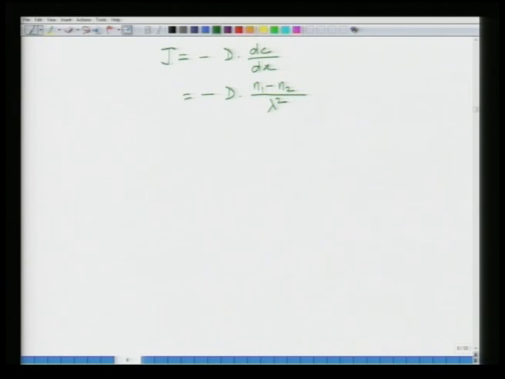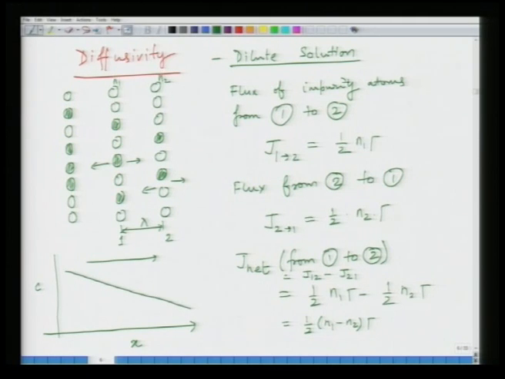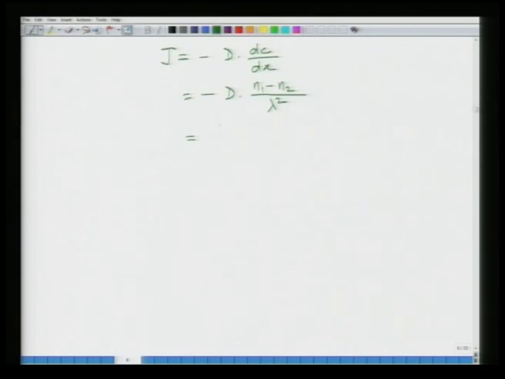Okay. And if I now equate this to the previous equation, where J was equal to half n 1 minus n 2 into tau, what do you get now? You get an expression for diffusivity.